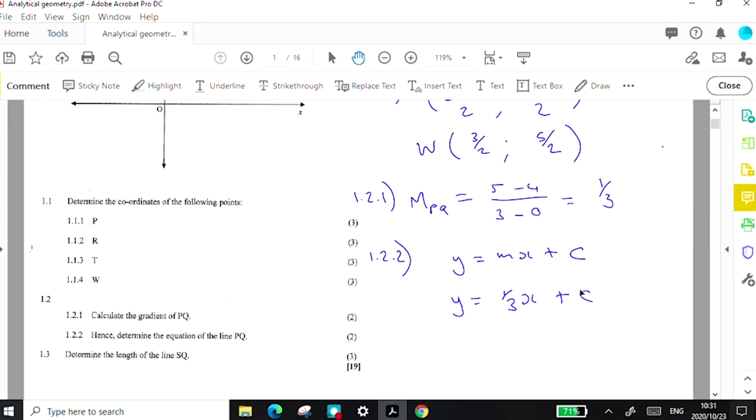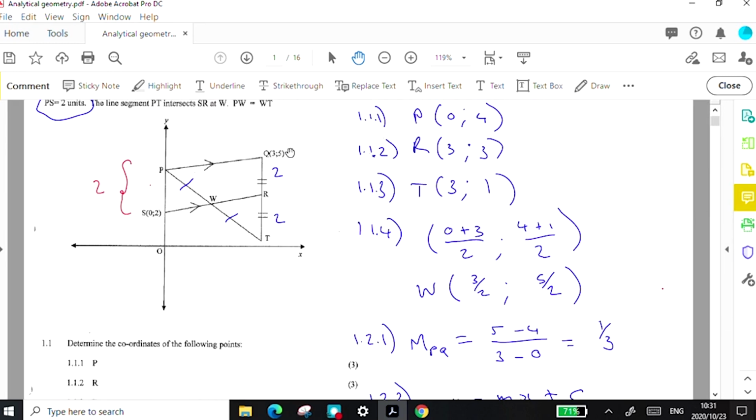To find the value c, we can either use the point q or we can use the point p, because they both lie on the line PQ. So I'll choose p, since p is much easier to work with. It is easy to see from p that c is equal to 4.